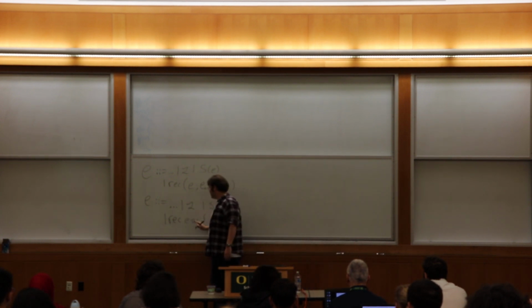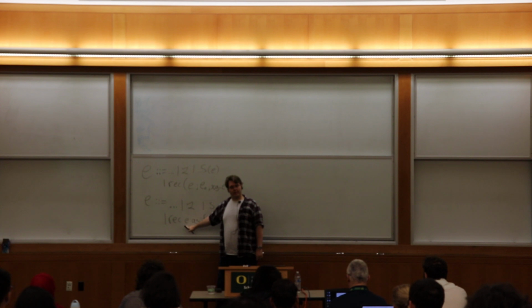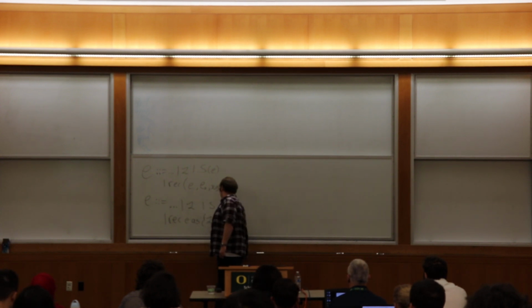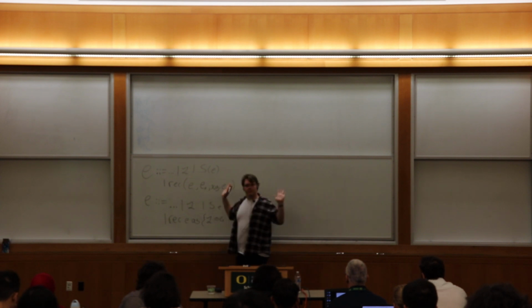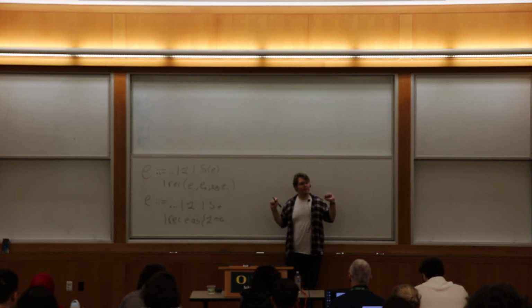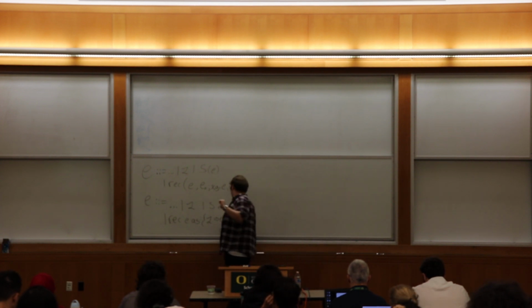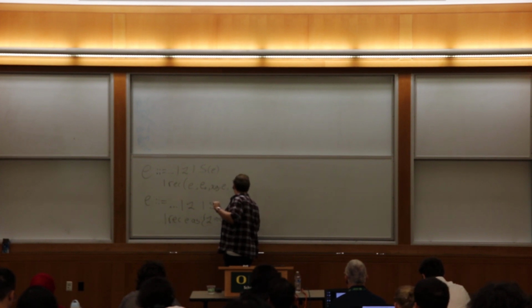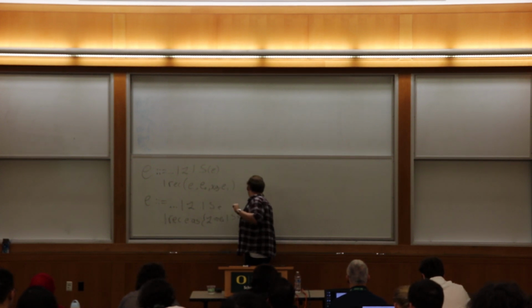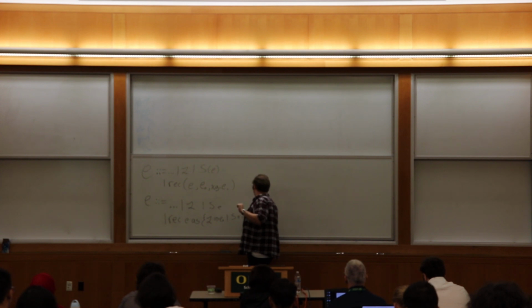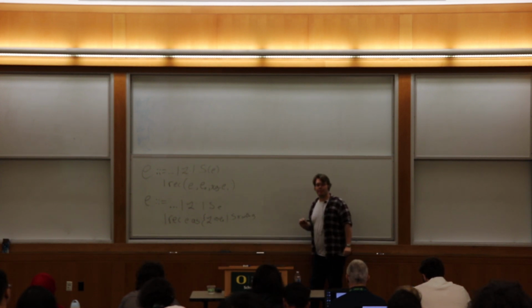So rec on E, so look at E. If it's 0, then give back E0. That's just the base case. I don't really learn anything. I just have to say what it is. And then the recursive case is going to be successor of x with that recursive result y.